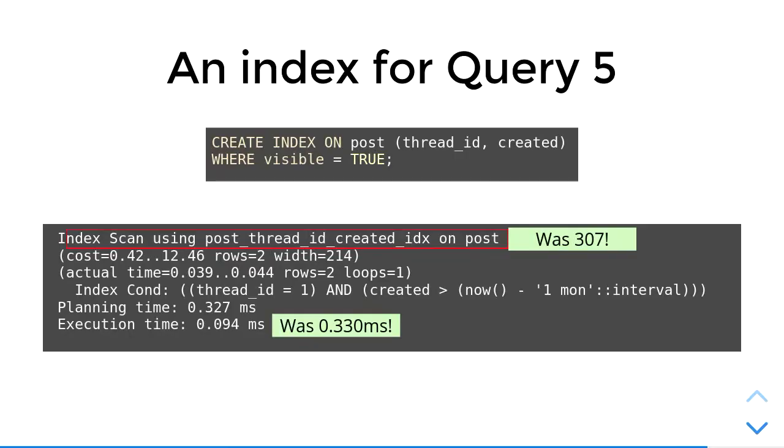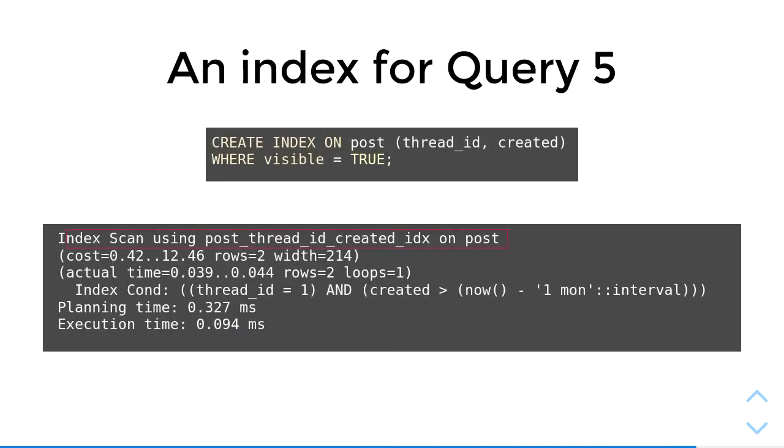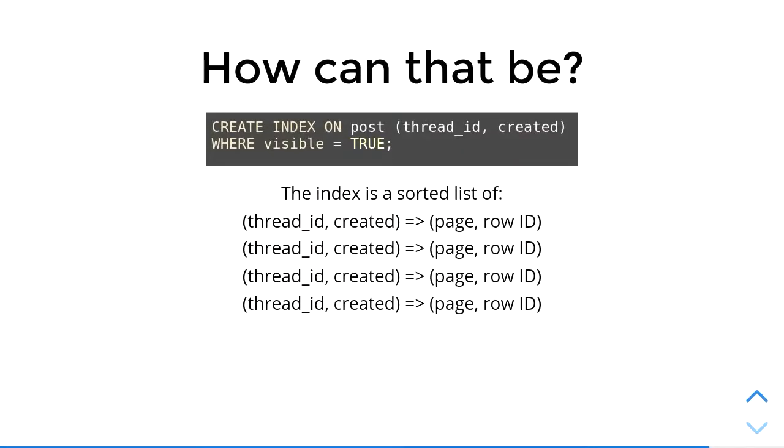So why did creating an index make such a big difference to our ordering query plan, which had to spend a lot of time sorting? It had to allocate, okay, only 25K of memory to implement the sort, but that cost was quite significant. Why did we get to skip that? Because, as you remember, the index is a sorted list of values.